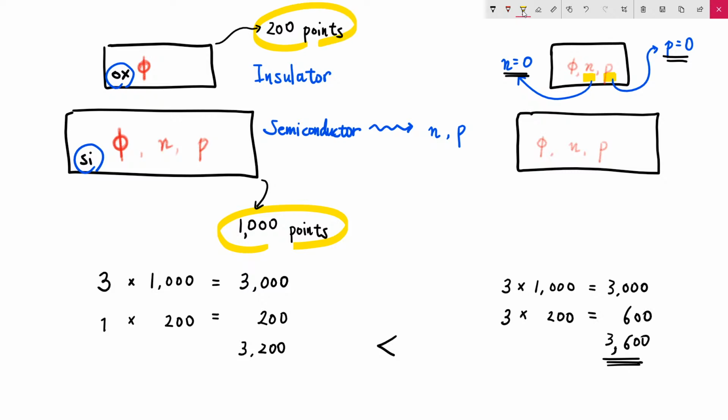In realistic structures, the number of grid points is usually on the order of 10,000 or sometimes even higher, like 100,000. And of course we have the silicon region. However, sometimes we have many surrounding insulator regions.